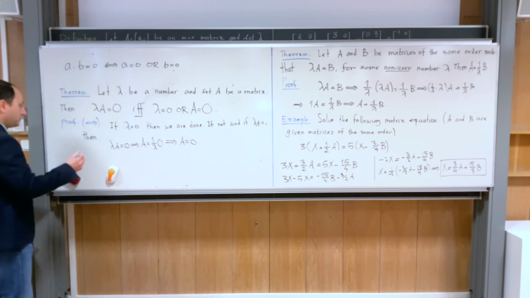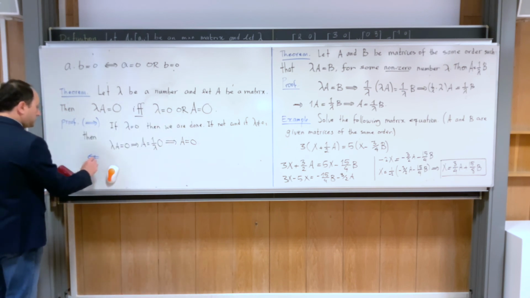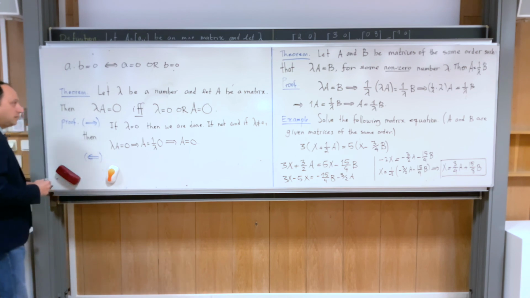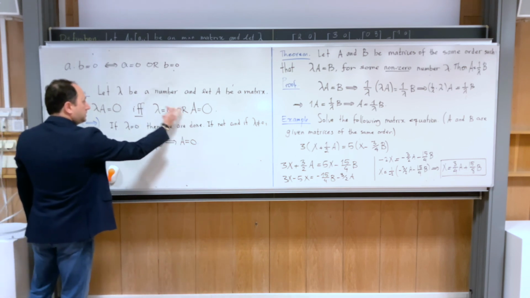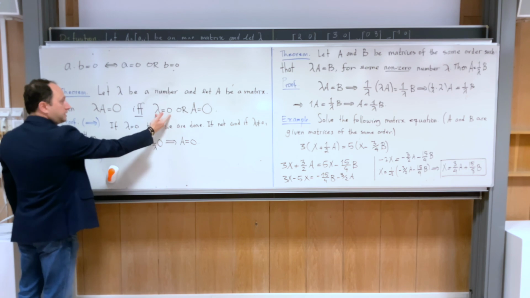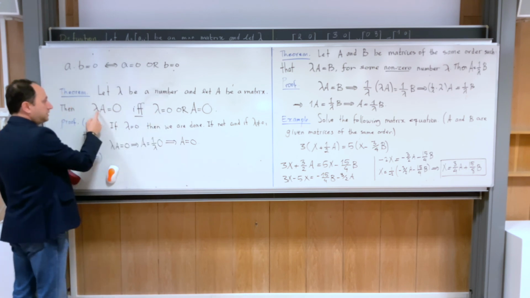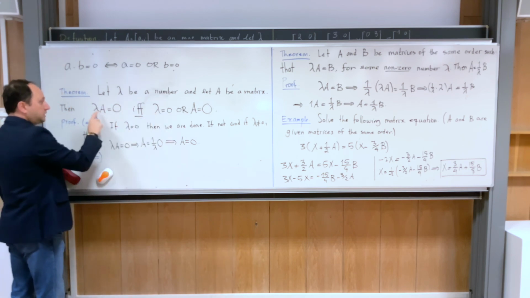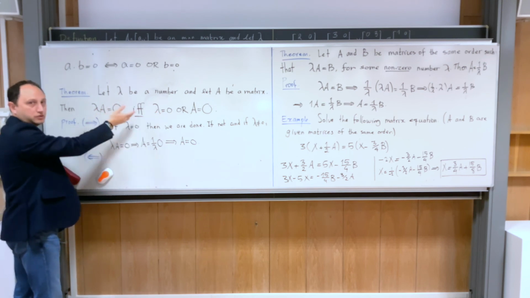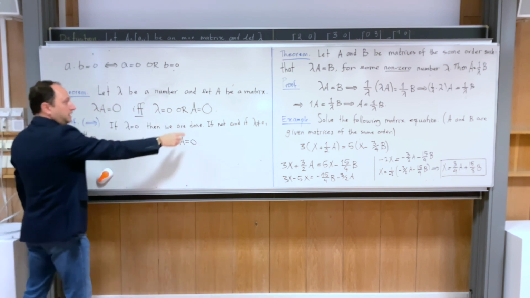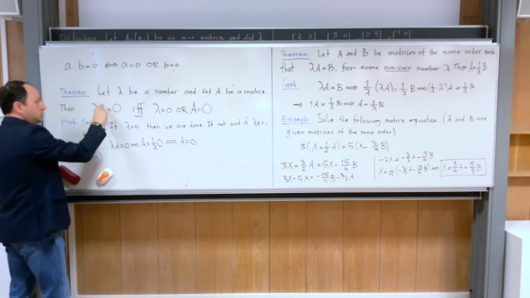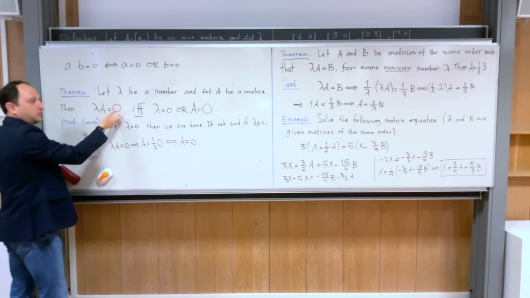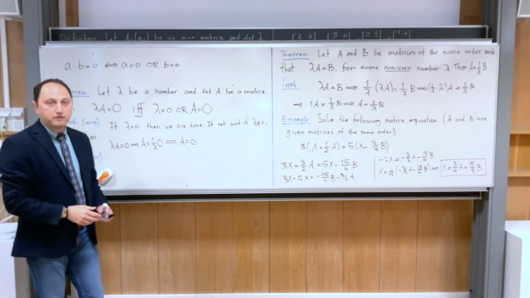But the proof of the other direction is actually very simple, so let me just tell you orally. I want to go from here to there. If lambda is 0, instead of lambda I substitute 0, and then 0 times A is the 0 matrix. And if A is the 0 matrix, here I replace the matrix A by the capital 0, then this becomes 0 again by the theorems that we have so far.